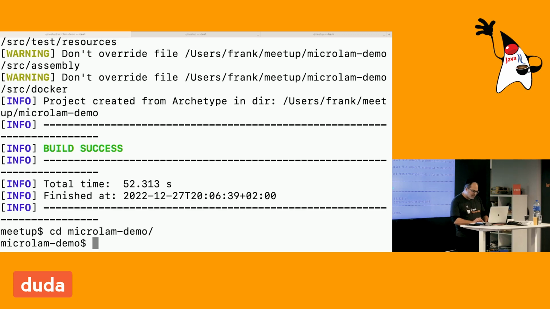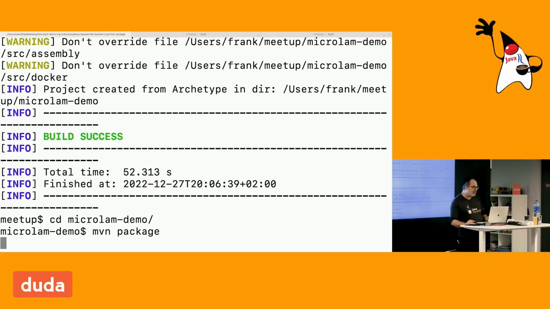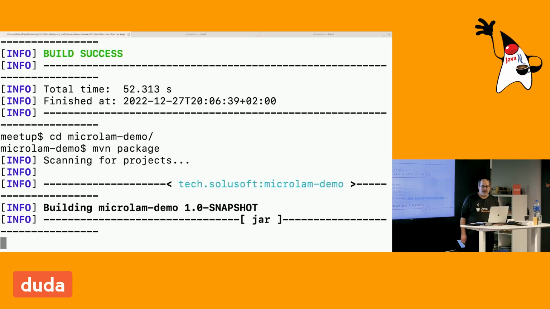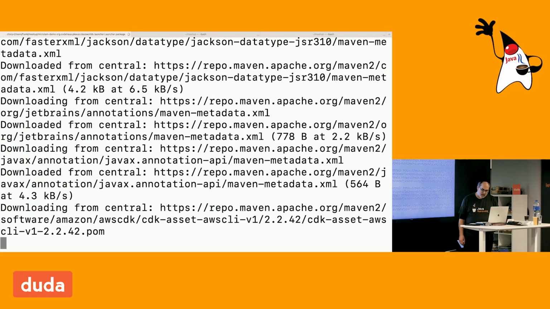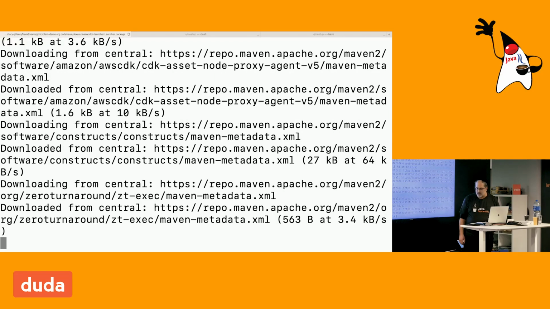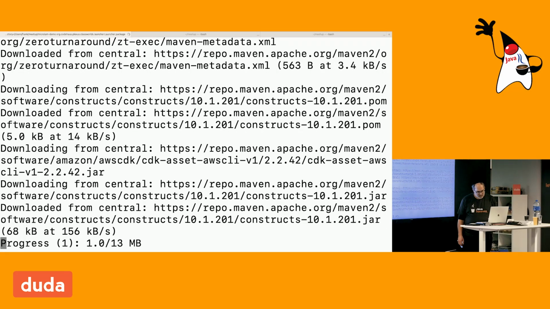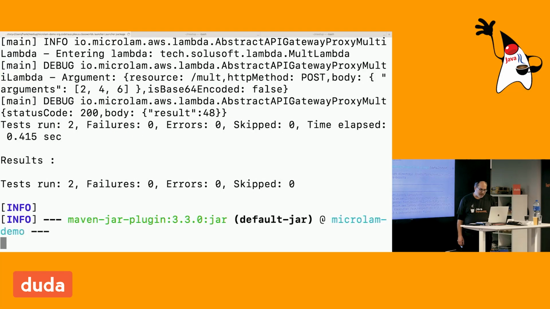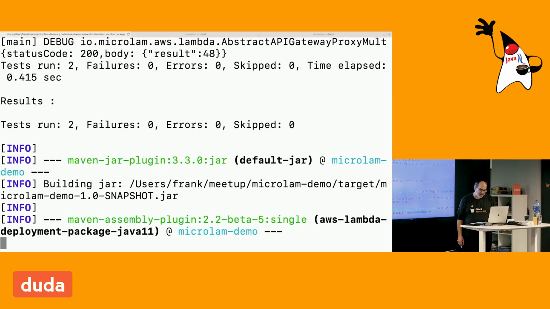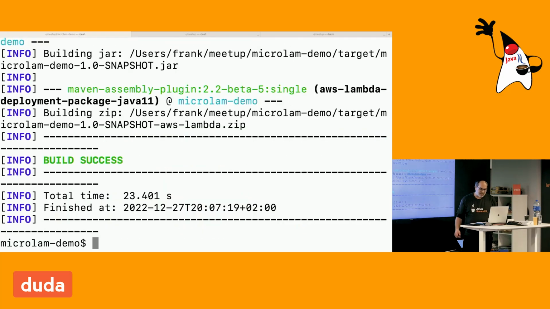Now what we want to do is to package my Lambda, so Maven package. So it's compiling. Okay, that's all.